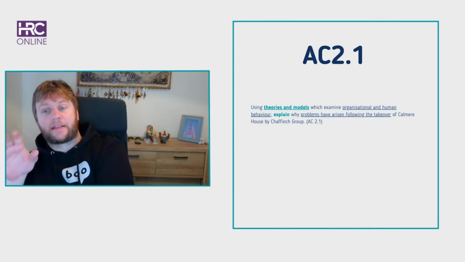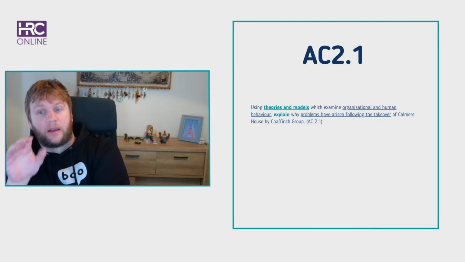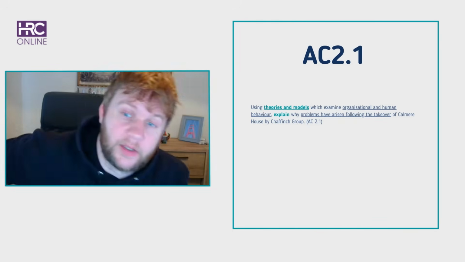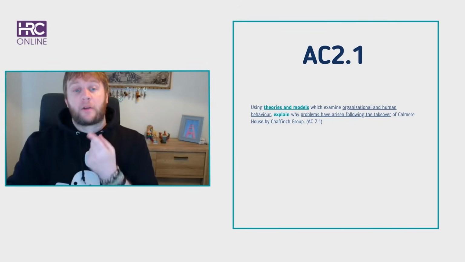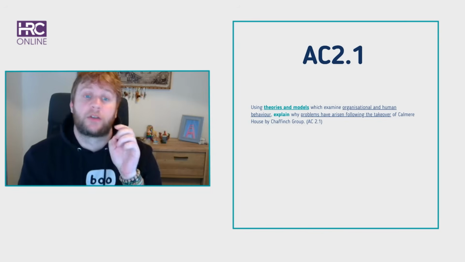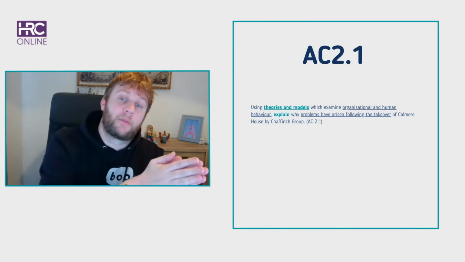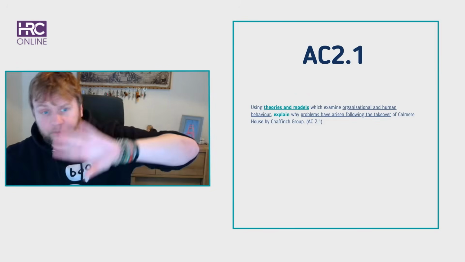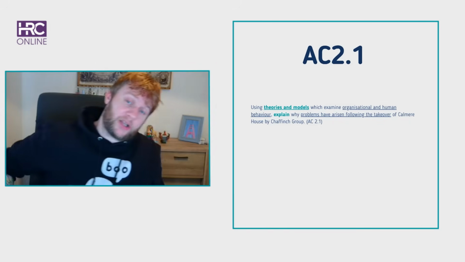Now examine how organization and human behavior explain why problems have arisen following the takeover of Calmere House. So theory 1, theory 2, how would you lay the work out? Well, you have 380 words for this. So you've got 2 main action points. You've got theory and model 1, you've got theory and model 2. That is 200 words-ish per question.